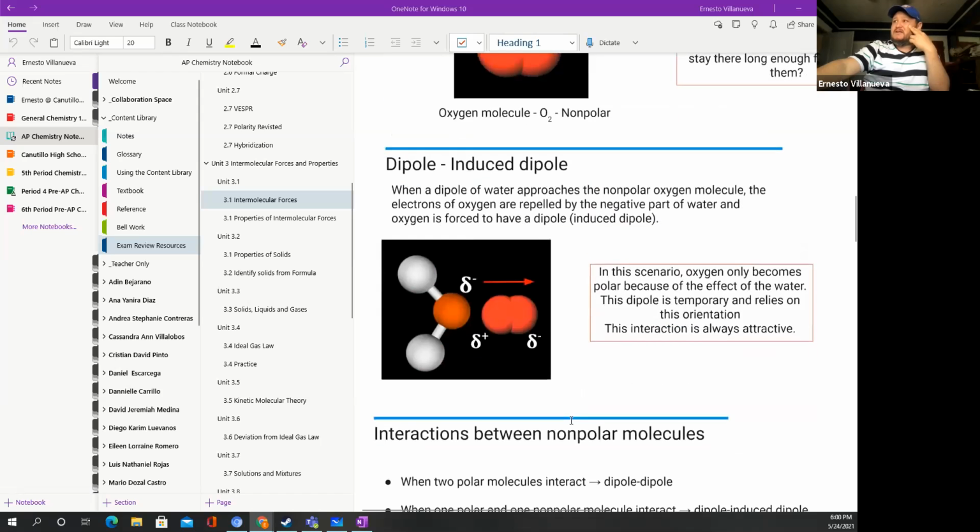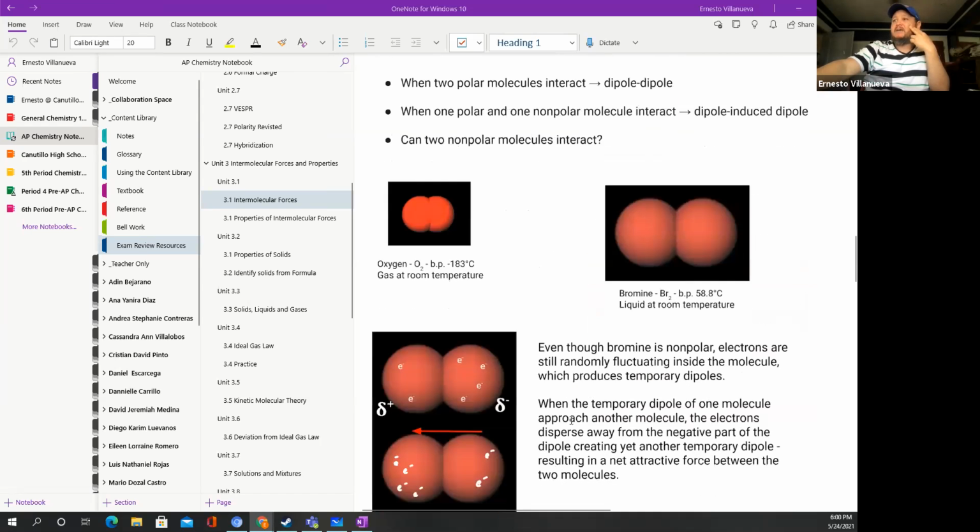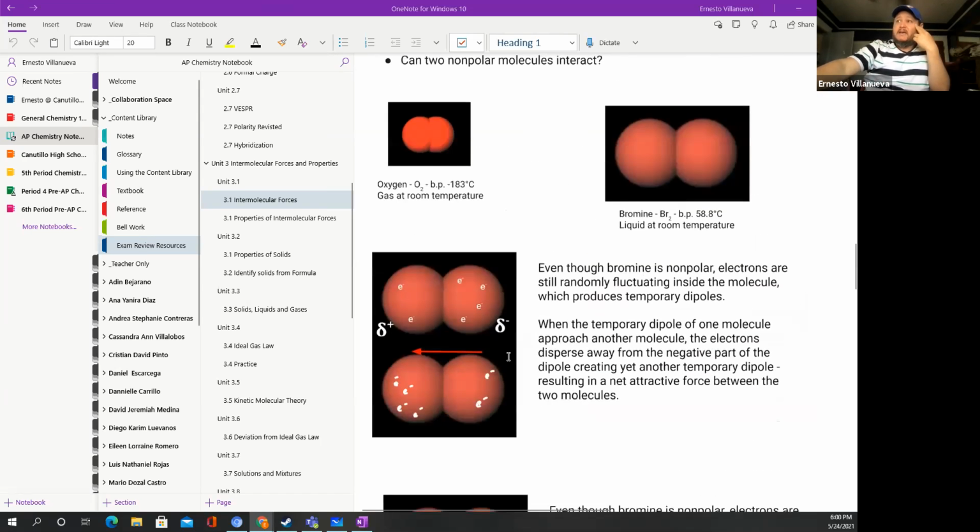So let me see, there's an example here. Right here. What happens in a dipole-induced dipole interaction is the electrons, because of the positive charge that they see on the outside, can either be pushed away or gathered to one side.